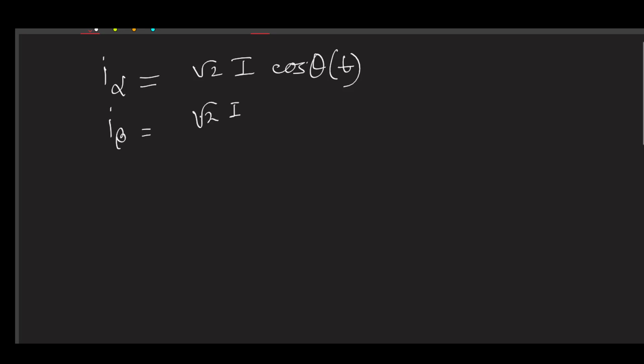If we apply this matrix over this, you will get I alpha as root 2 I cosine omega t, I beta as root 2 I sine omega t, and I gamma should give you 0.